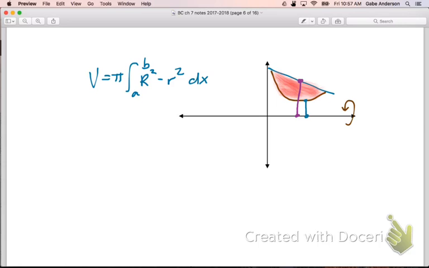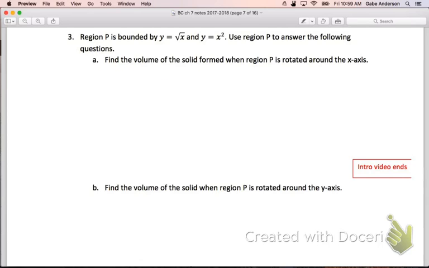Work with me here and check this out. Okay, so we're going to be using region P for several questions here. So I'm going to go ahead and draw region P. Region P is bounded by y equals root x and y equals x squared. So with our x and y axis, y equals root x looks like this.